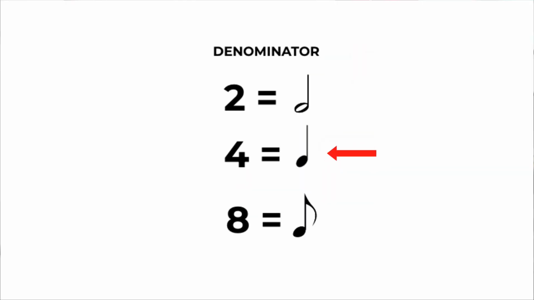If I see a 4, like we normally see, it tells us that the quarter note is 1. But if we see an 8, now it's telling us that the eighth note takes the value of 1. So that denominator is very important that you understand it.